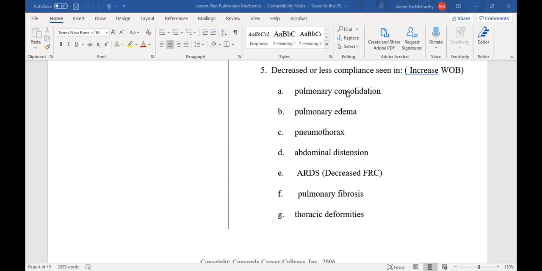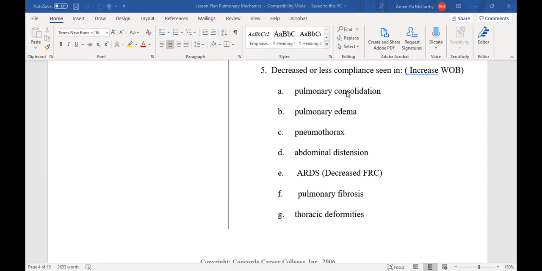Now, off to the side, I want you to write this down. Obstructive diseases cause an increase in compliance, like COPD, right? Chronic obstructive diseases.